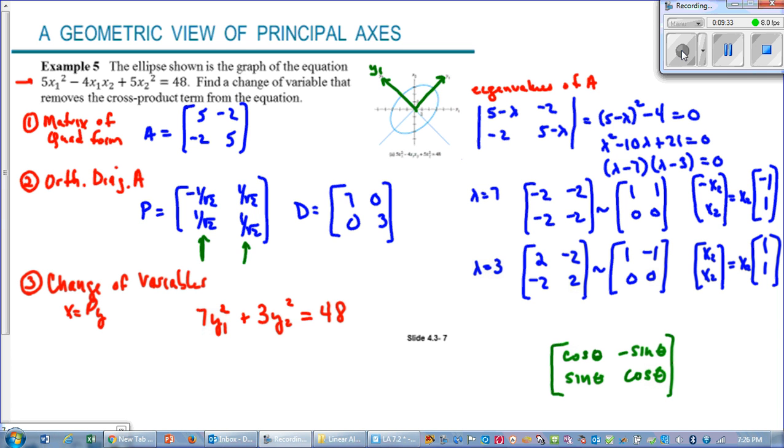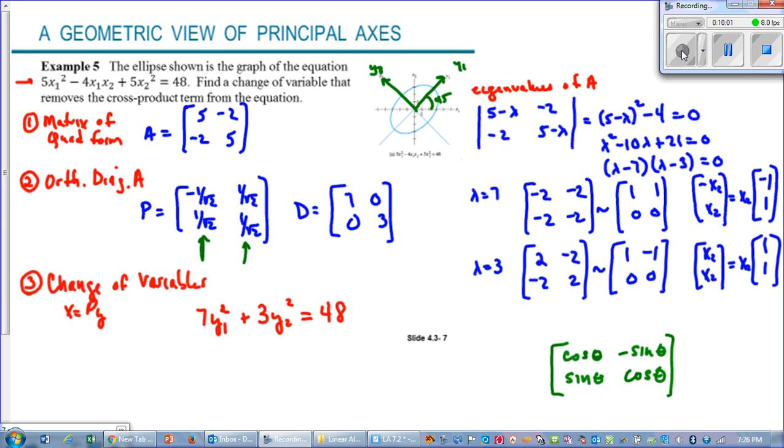If I'd used 45 degrees here, this would have been my y1 and this would have been y2. Because I put the columns backwards, the angle is actually 135 degrees. So our y1 was rotated 135 degrees based on the order that I put the vectors in the columns of P.